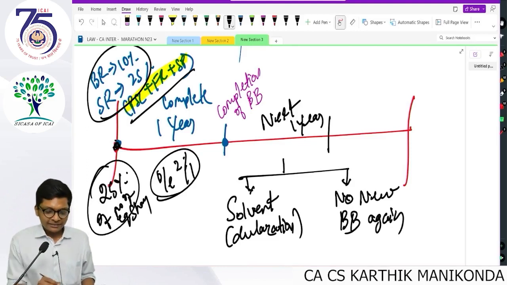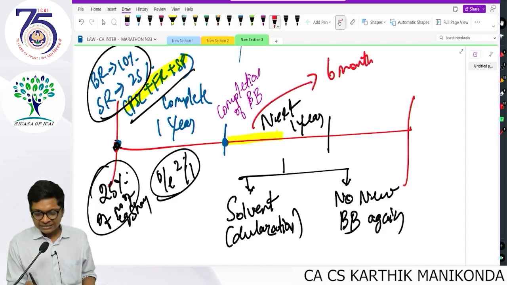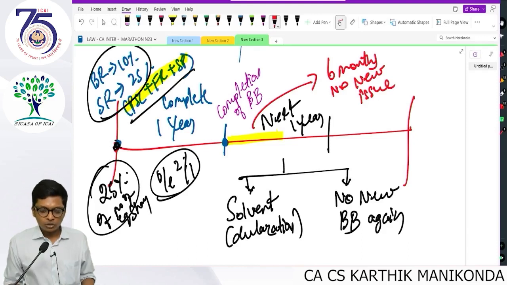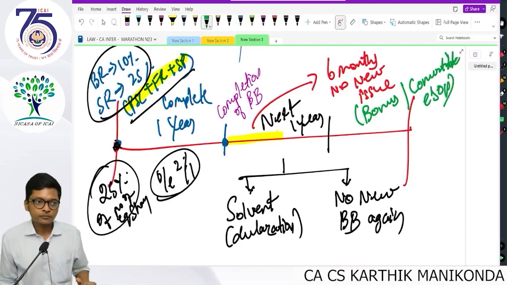Are you following, guys? Then once buyback is over, for the next 6 months, no new issue, fresh issue, but this has some exceptions allowed in case of bonus, any kind of convertibles or ESOPs.